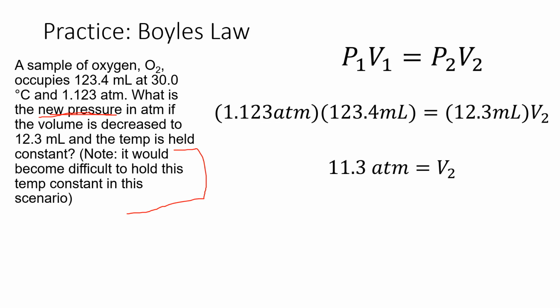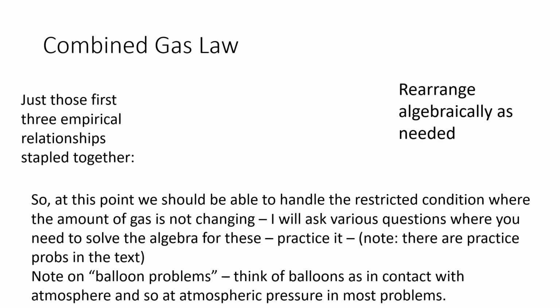That 11.3 atmospheres may not sound like a whole lot, but that's a pretty drastic increase in pressure. Most vessels are not going to handle that kind of increase in pressure, probably. Okay, so all three of those different things have their different relationships, and they look kind of similar, right?